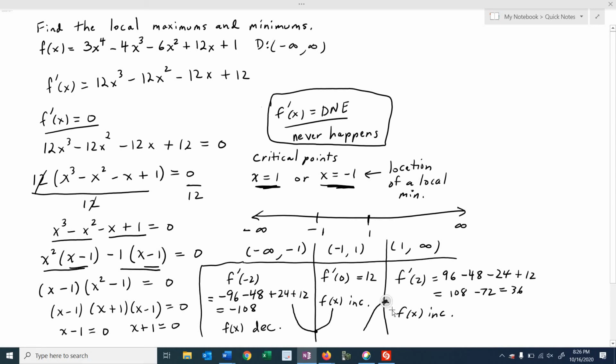And on the right-hand side, it's increasing, and it continues to increase. But apparently it levels off right in here in order for the derivative to be 0 at 1. Okay, so this is a location where you have neither a local max nor a local min.